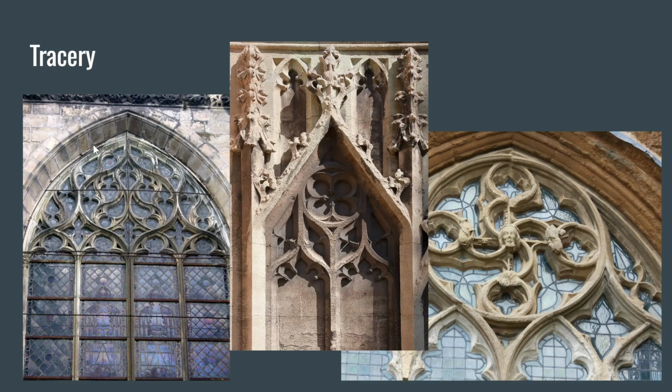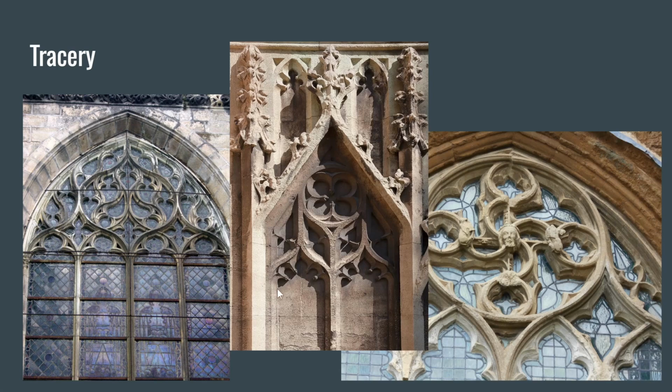Tracery. Okay, so these are traceries. Traceries are usually between ogival arches and stained glass. Usually they're on windows. This one is a window, this is a window, and this is the tracery on top of the window.